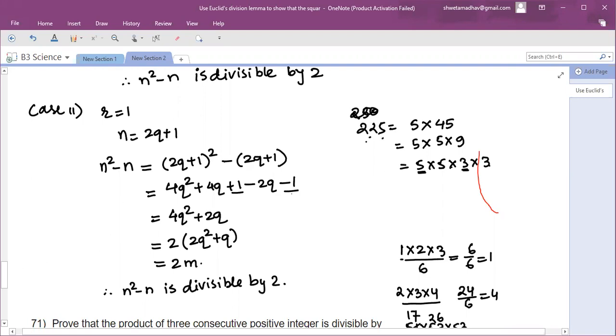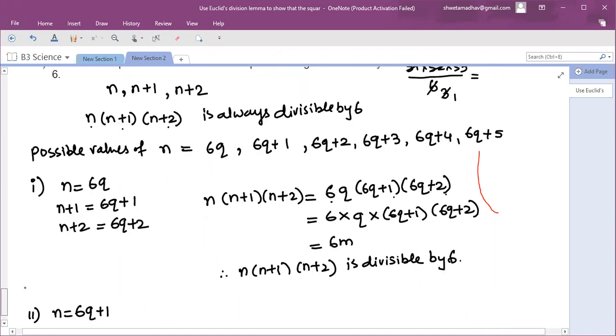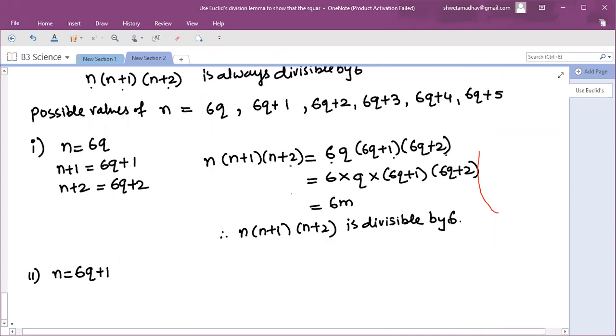Similarly, instead of numbers, we have used variables. These are 3 consecutive numbers, and the product of 3 consecutive numbers is written like this. First factor, second factor, third factor, fourth factor.